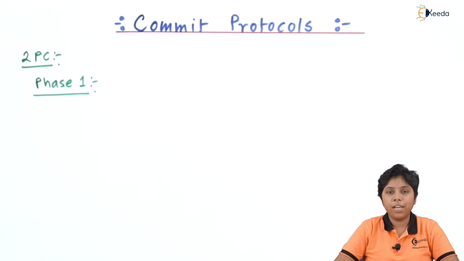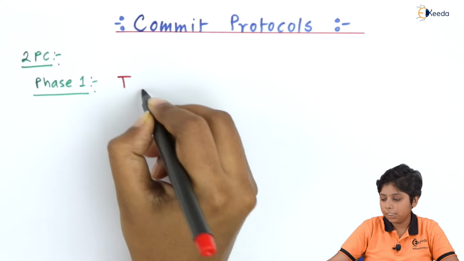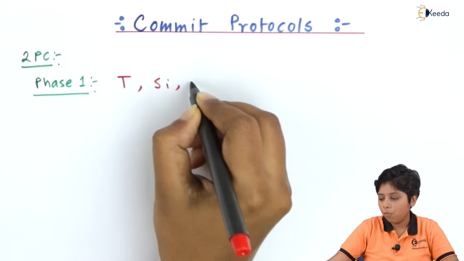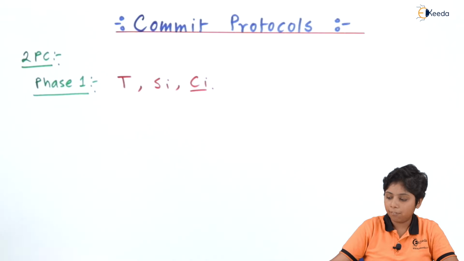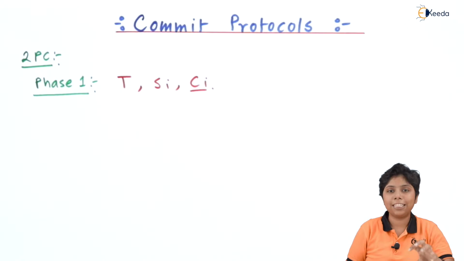Suppose we have initiated the transaction T at site Si, where Ci is the coordinator of that site. That means Si is the coordinating site, while Ci is the coordinator. Now at phase 1, we need to inform Ci that transaction T is completed at each of the sites.